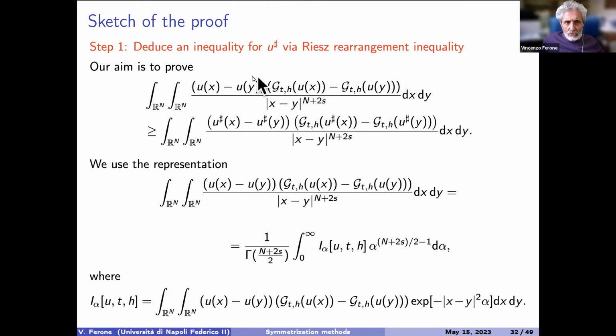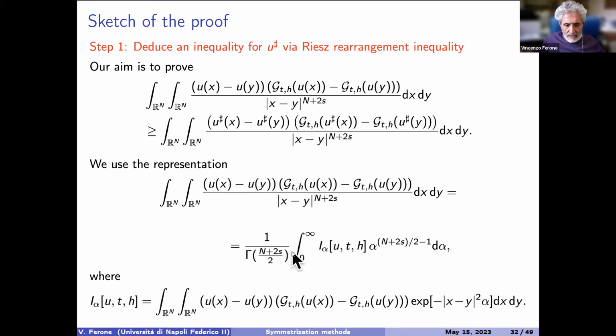And in order to prove this inequality, which is a kind of Pólya-Szegő inequality applied in the case of a nonlocal problem, we use the following representation, that this integral can be written as the integral between 0 and plus infinity, times a certain constant, of an integral I_α times a power of α, in dα.